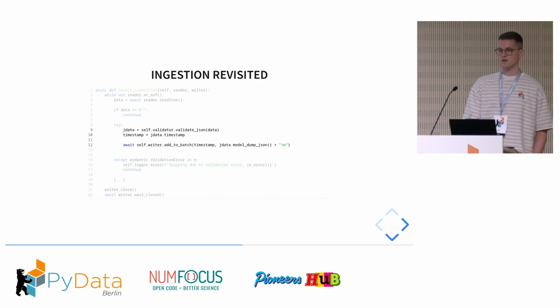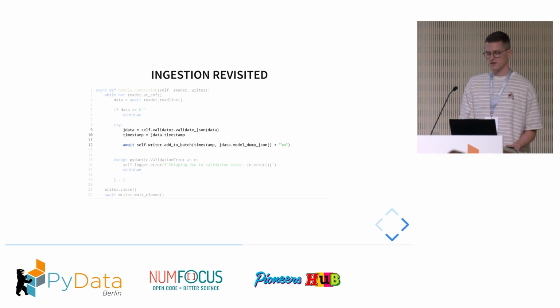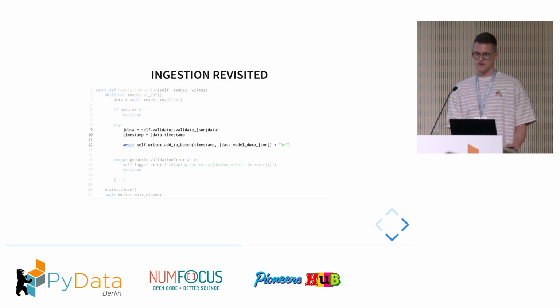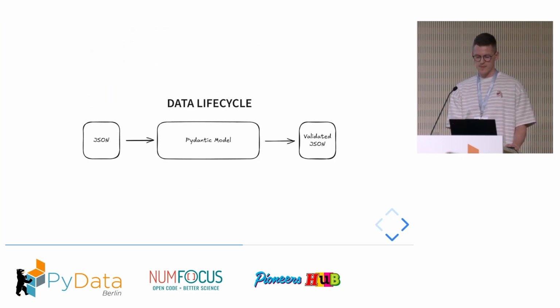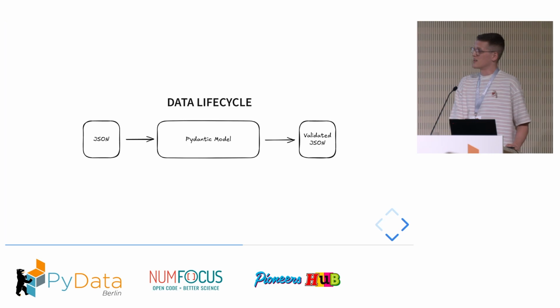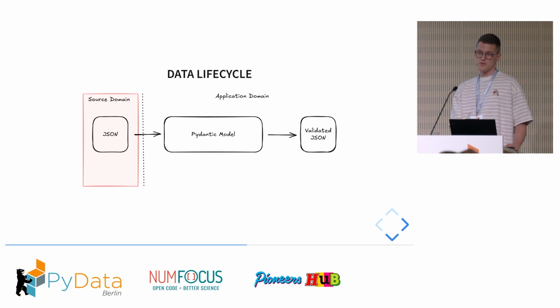Considering the three options I showed here, it's storage option 1, where we ingest and validate and then write to disk. So this is the data lifecycle we are dealing with here. And we have a source domain we can't change. So the JSON that we're receiving is not under our control.